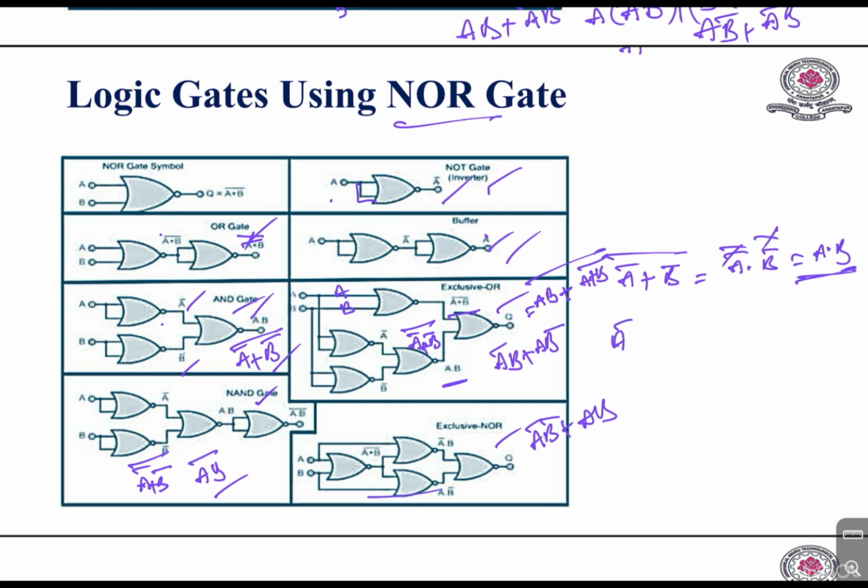In the same way the XNOR gate: one NOR gate will give A plus B whole bar.